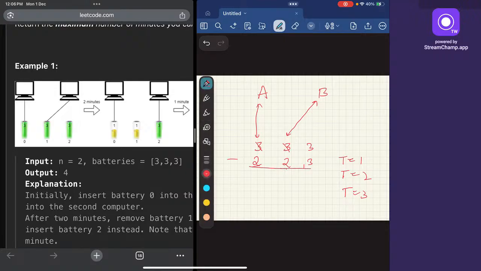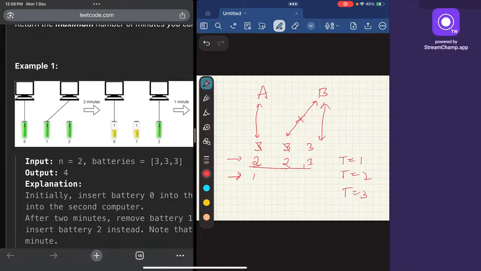For t equal to 1, and for the second minute we will swap the batteries with the battery that is not used. So I will disconnect this battery and use it. I will run for another minute, T2.